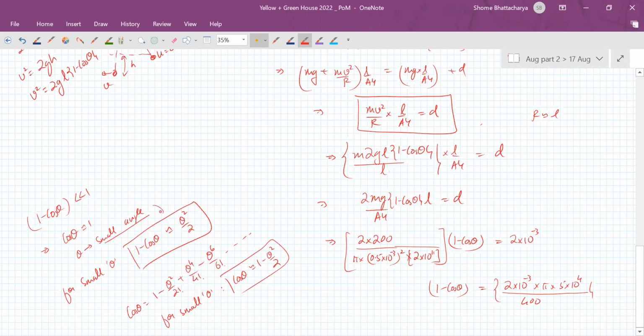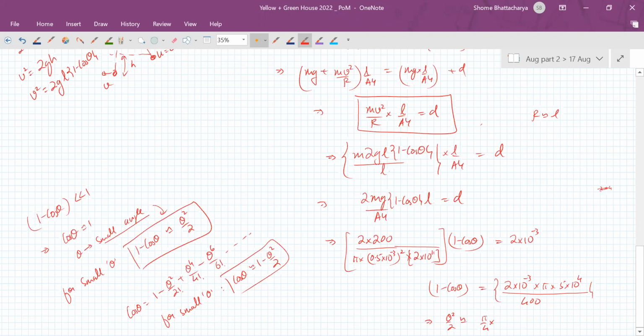So small angle approximation. So this side will just become theta square by 2. That is approximately equal to this value, which you can see is actually pi by 4 into, what is it, minus 3 plus 4, it's 1, 2 divided by 2.